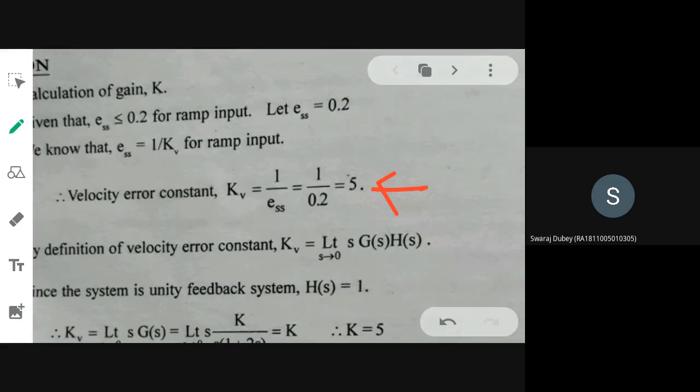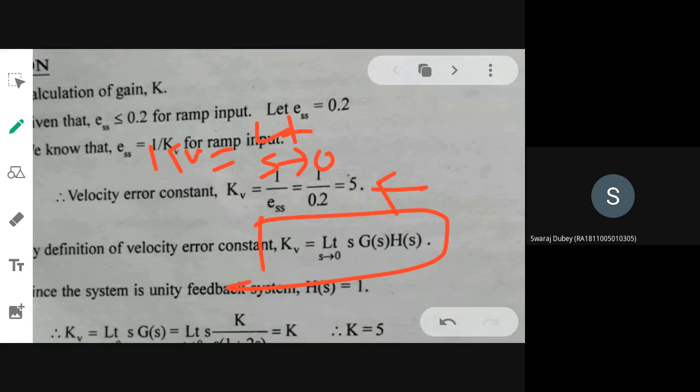But still you don't know K. So the general formula for Kv is the limit as S tends to 0 of S into G(S) into H(S). That is also there in the slide; we have already discussed it in the second unit. H(S) is 1, unity, because it is a unity feedback system.